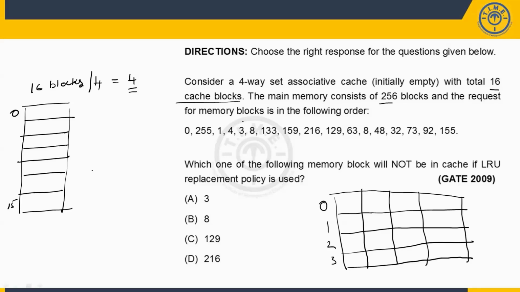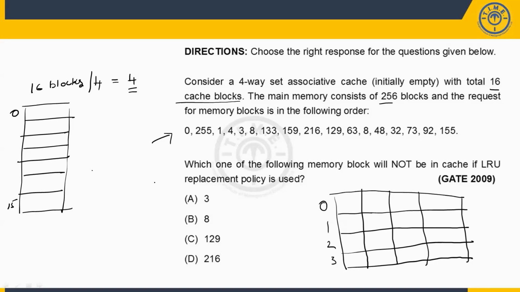Now, the requests for the memory blocks are in the following order. These blocks are being accessed by the CPU in this order. During the access, how will the CPU see if a block is available in the cache memory or not? There is a mapping rule by which the CPU will map these blocks to the cache memory.